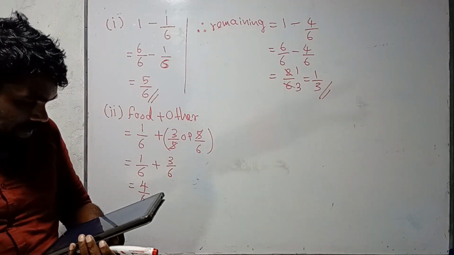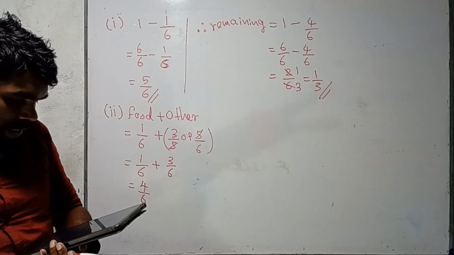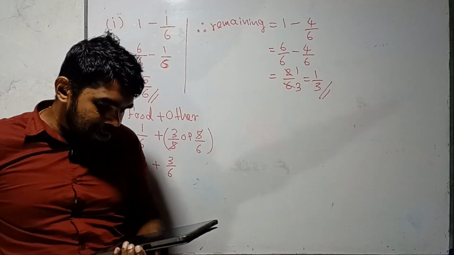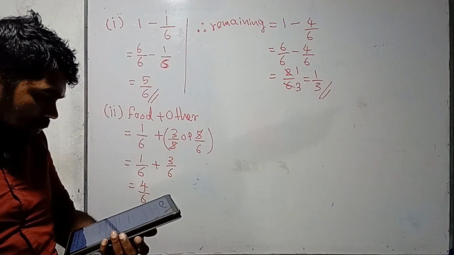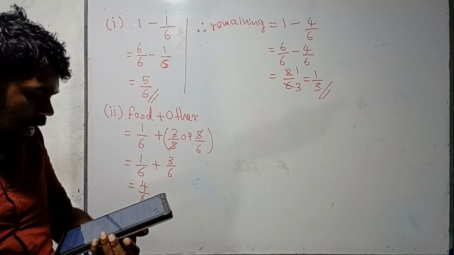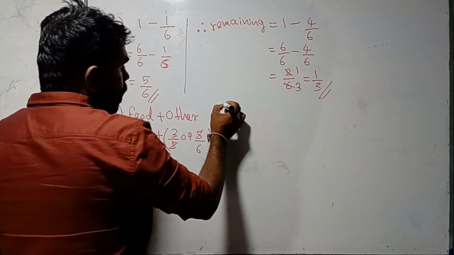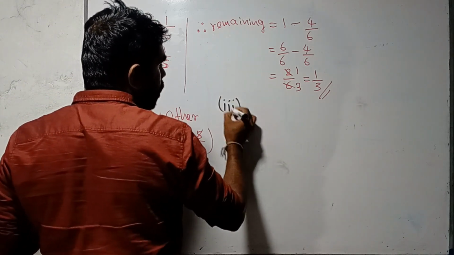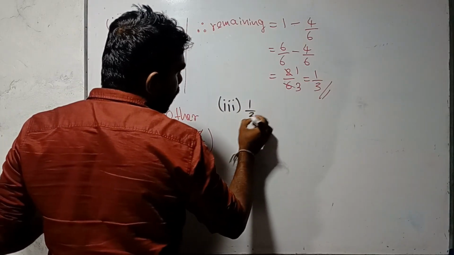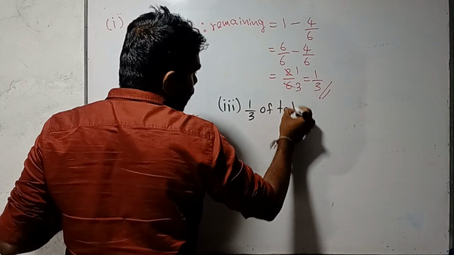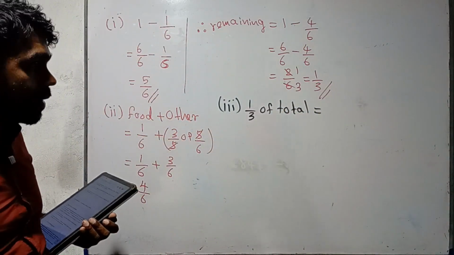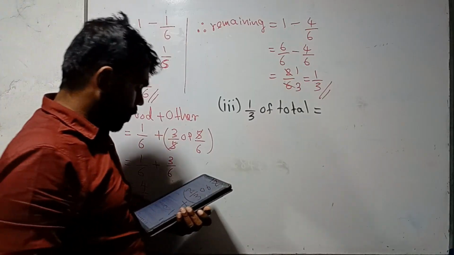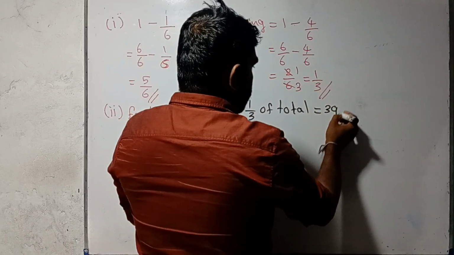Then part 3. If the amount that remains now is 39,600 rupees, find separately how much he received after paying tax and how much he put aside for food. Then we can get that 1/3 of the total amount he received after paying tax is given as 39,600.